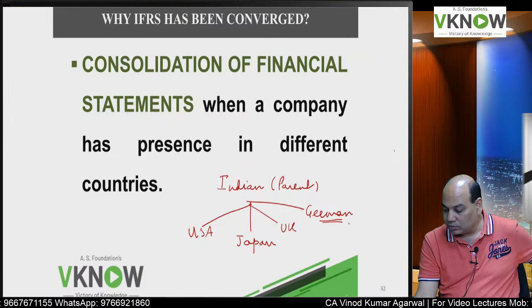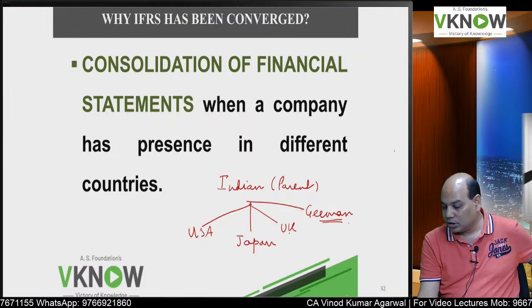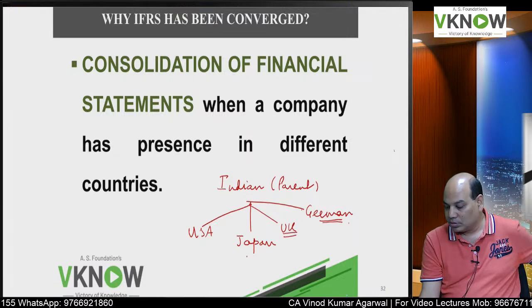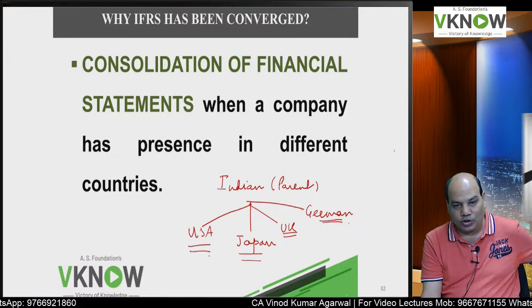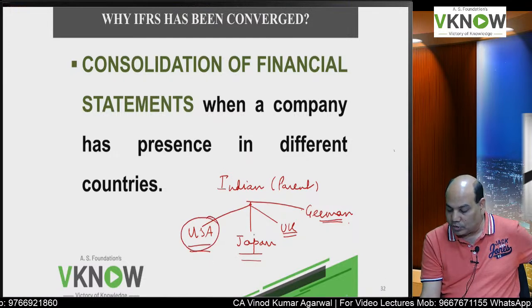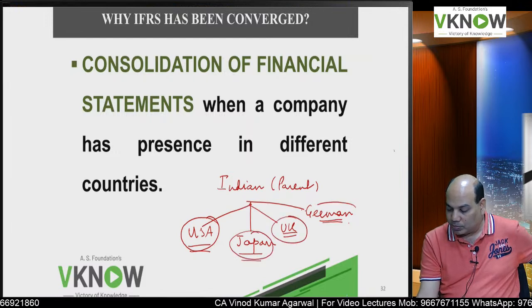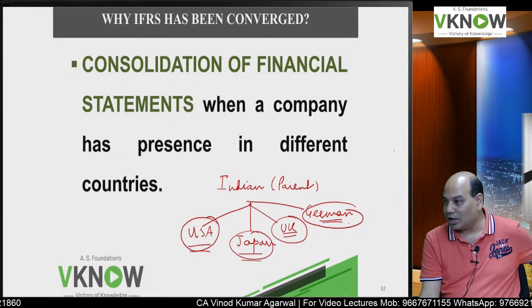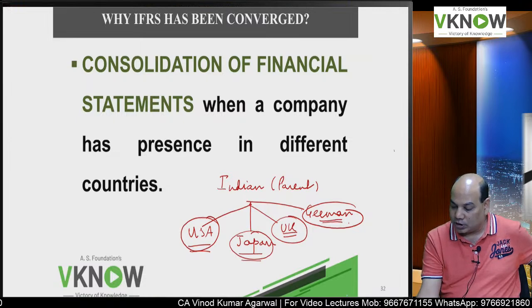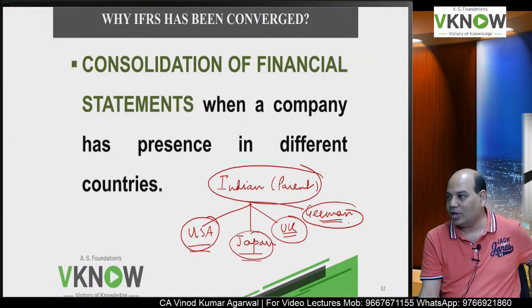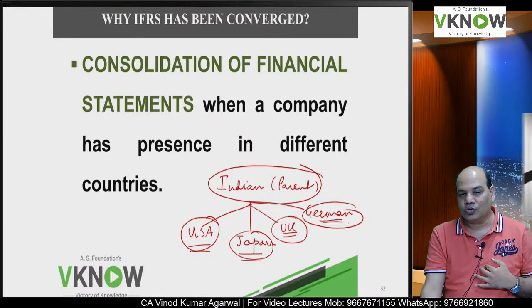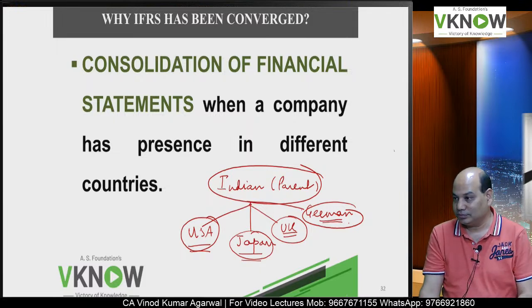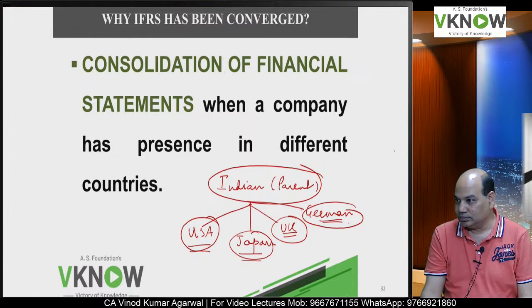They are following German GAAP, it is following UK GAAP, it is following their own Japanese GAAP or something, US GAAP. Each of these subsidiaries will prepare the financial statement in their GAAP. They also have to prepare financial statement as per Indian GAAP, so that the Indian parent can consolidate them.